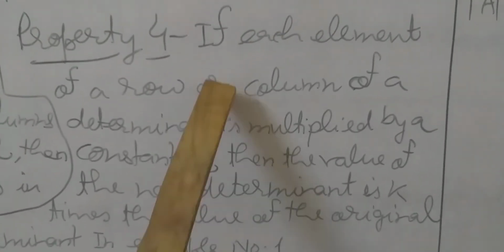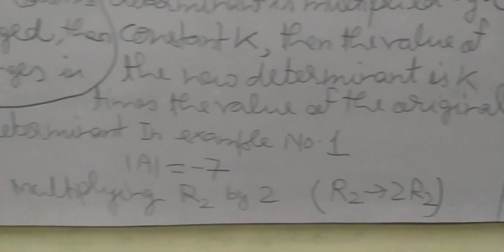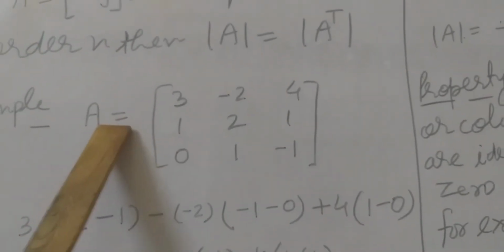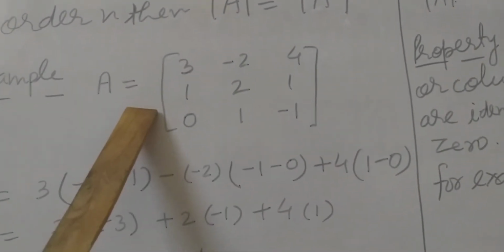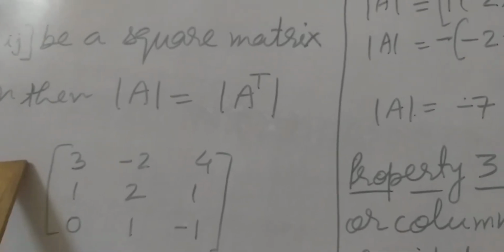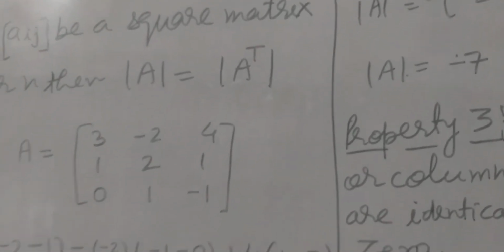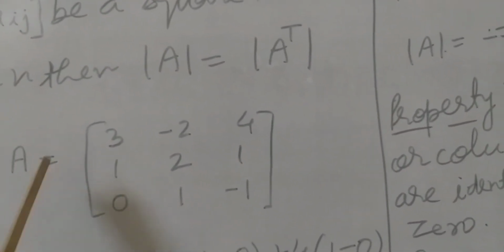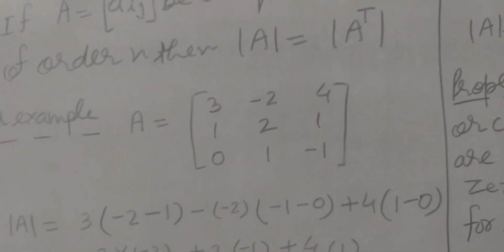Okay students, let us take one example. First example: A equals this matrix of order 3 by 3, its determinant equals minus 7. Now students, I am going to multiply the second row, because in the determinant case, if we multiply any row by any constant, then only that row is multiplied, not the whole determinant.